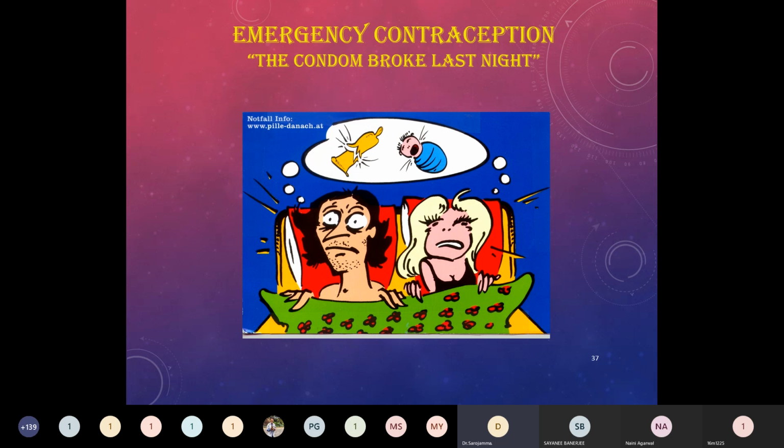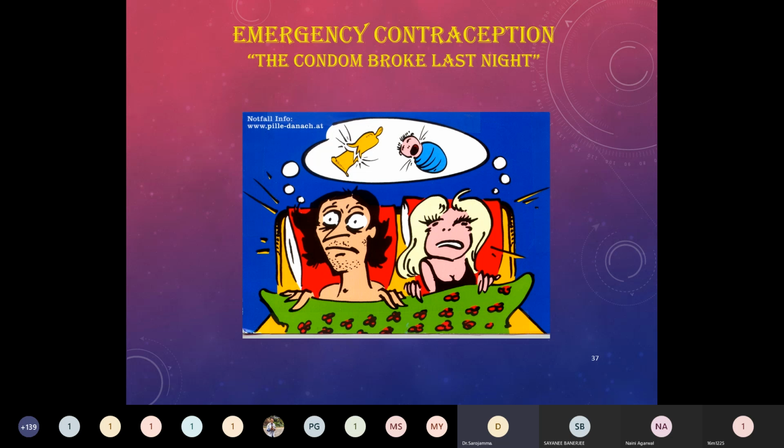So now coming to emergency contraception, this is the most wanted method for many women who are not using contraceptives, or regular users who should know about it, for when some mishap happens.